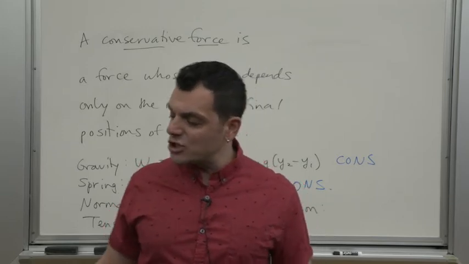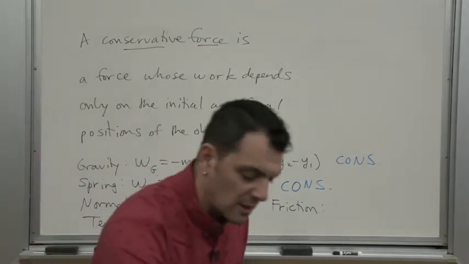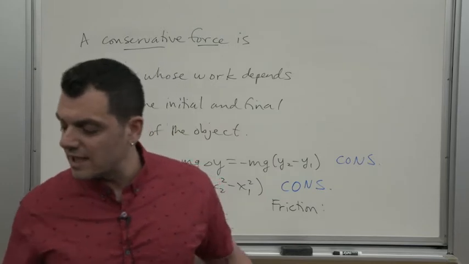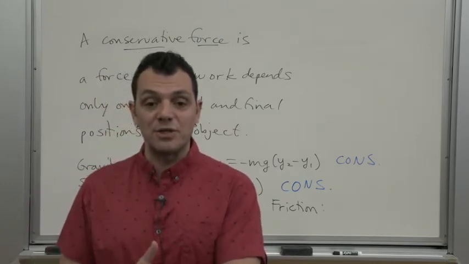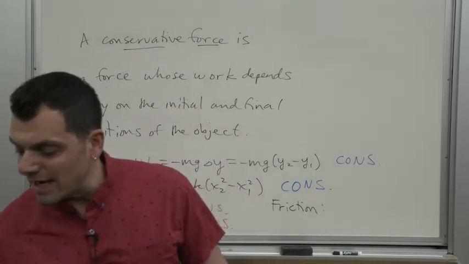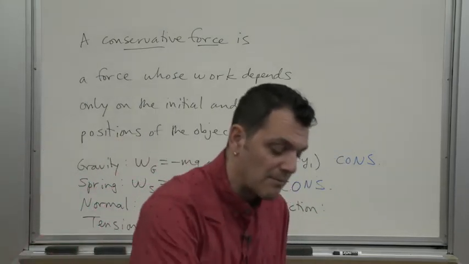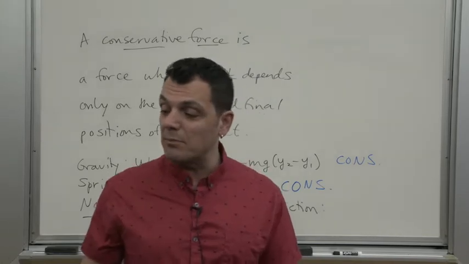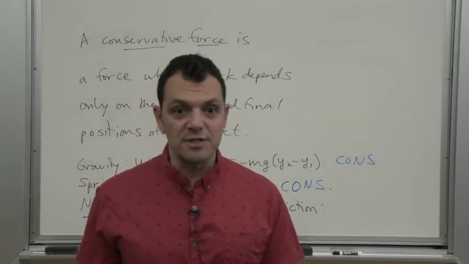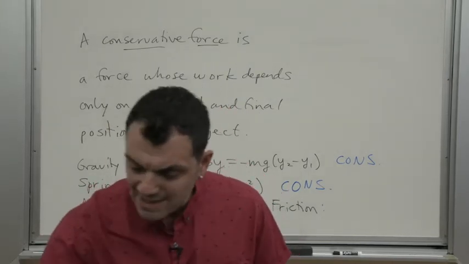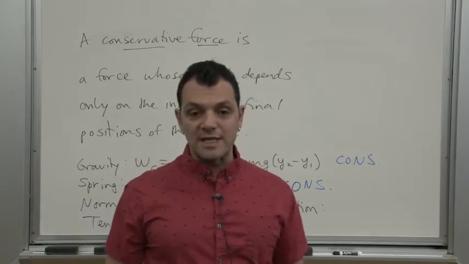That's because as I change direction of sliding, friction is always pointing in the opposite direction of the motion of the object. So I'm always going to get minus the force of friction times the distance, minus the force of friction times the distance, minus the force of friction times the distance. I'm not going to make up for it by changing directions. So the more distance I slide, the more work is that's done by friction.